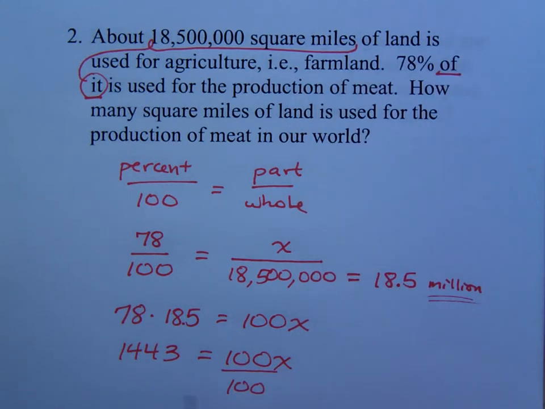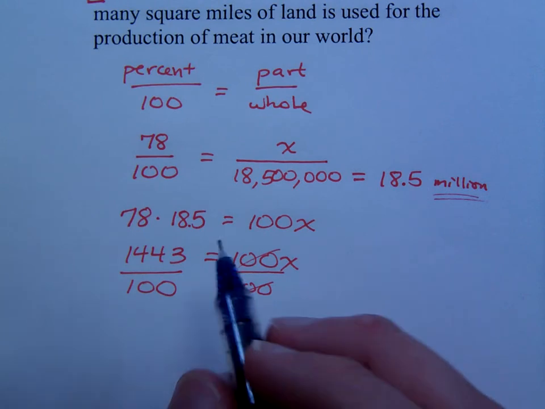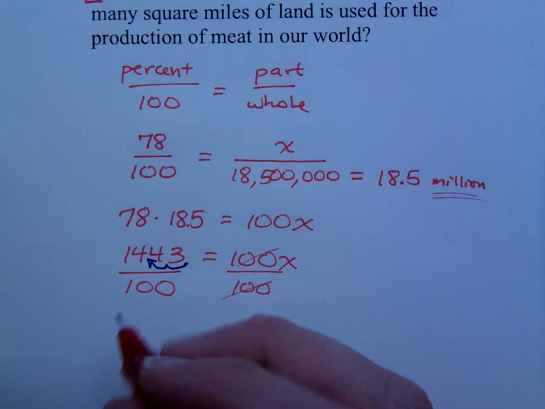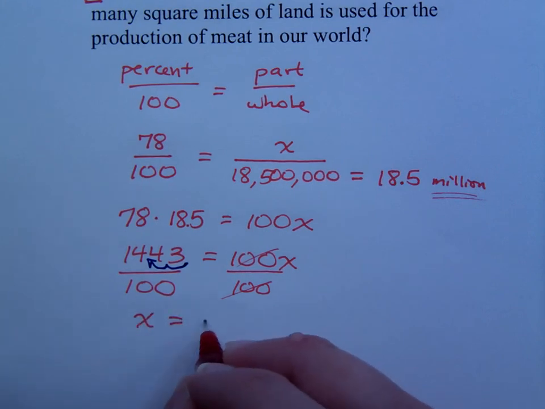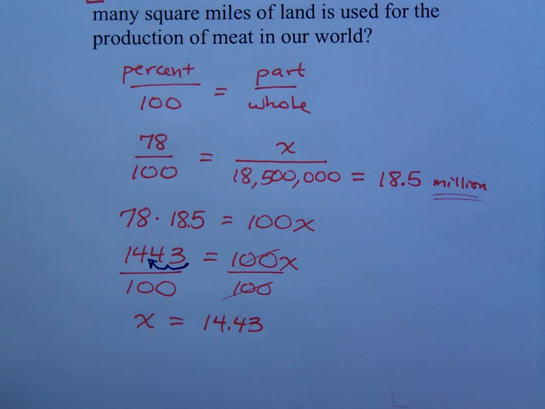How do I divide by 100 easily? Move the decimal how many places? So instead of being here, it's going to be right there. So you end up with x being equal to 14.43, right? But you need to make sure that you interpret this in a way that answers the question.